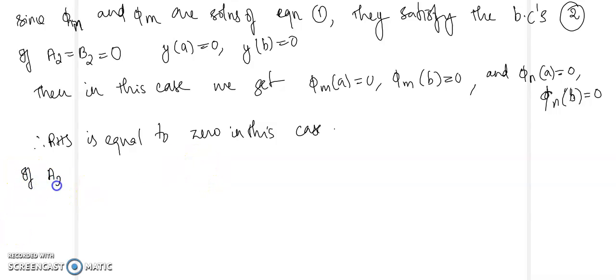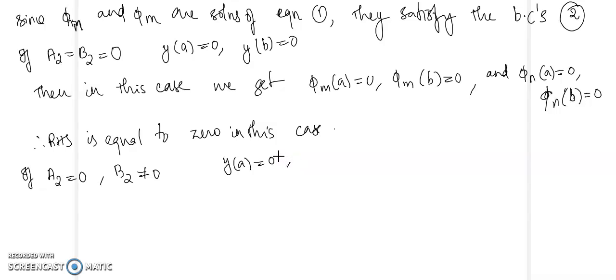So if A2 equal to 0 and B2 not equal to 0. Now if A2 equal to 0, the condition will reduce to A1 y of A plus A2 y dash of A equal to 0. Since A2 is 0, you will get y of A equal to 0.